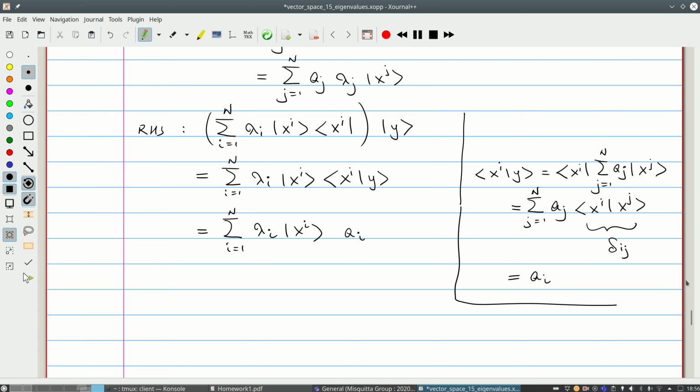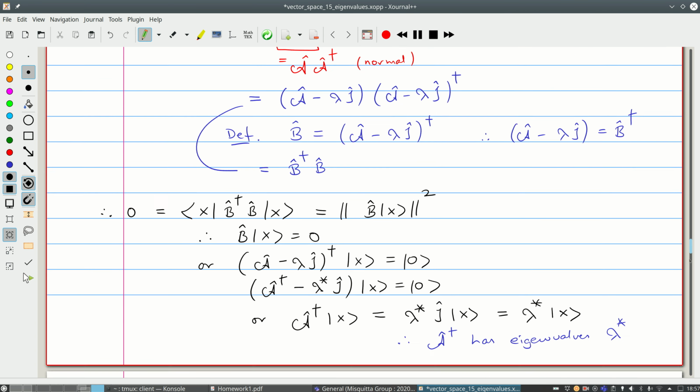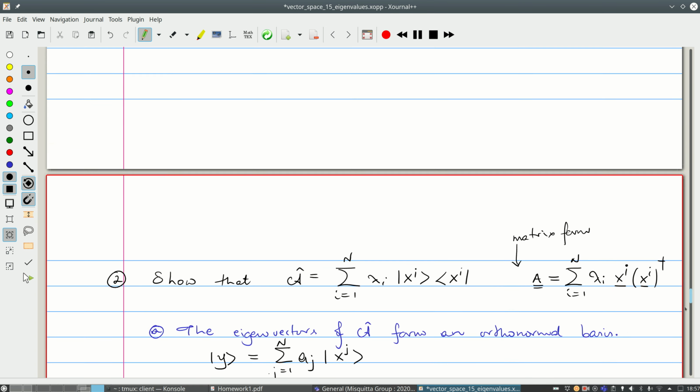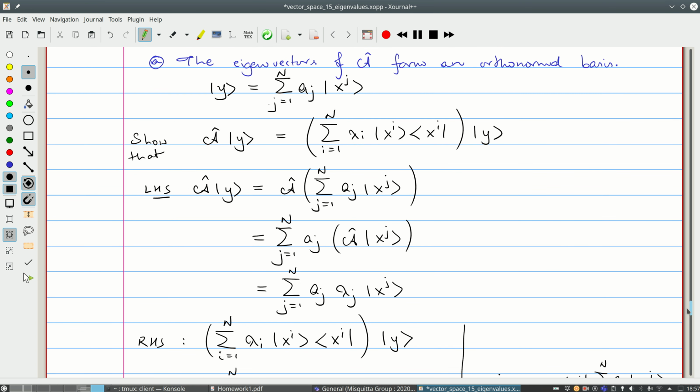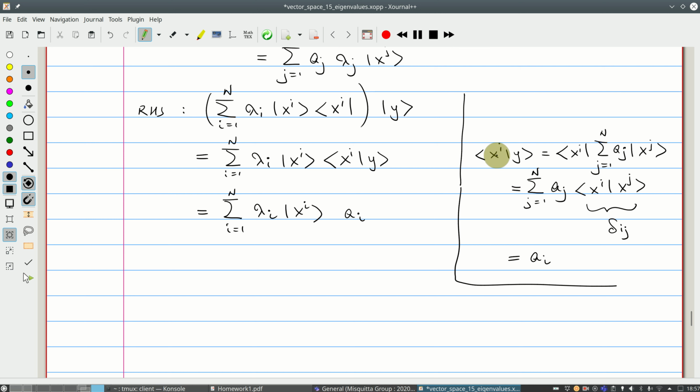Now we should not be surprised here, because if we go back a few of these recordings, and I can't remember which one it was in now, we showed that these expansion coefficients, when you have a vector y and you expand it in a basis, the expansion coefficients are defined to be the inner product of the basis vectors with the vector y, which is exactly what you've got here. The inner product of the ith basis vector with y is the coefficient of expansion of that particular vector.